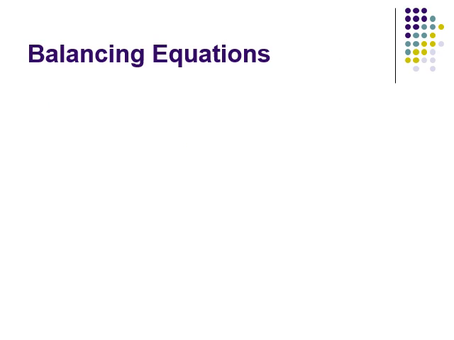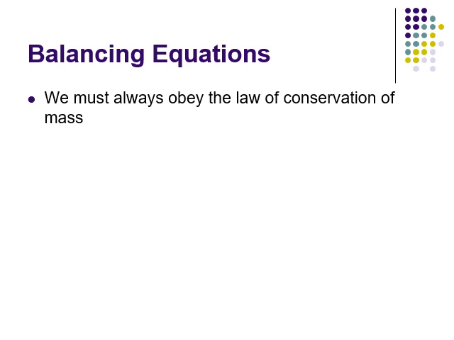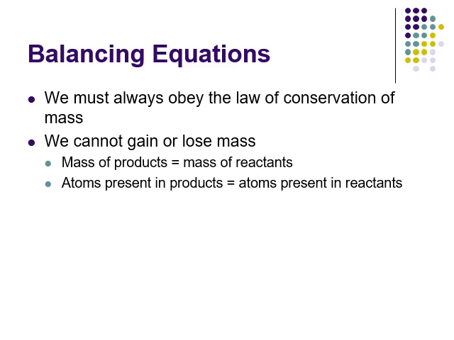Okay, we are now going to be transitioning from the skeleton equation to something that does care about the amount of matter that we have. And again, we have to obey the law of conservation of mass. This tells us that we cannot gain or lose mass. Previously, we've said that this means that the mass of products equals the mass of reactants. And that's a good starting way to look at this in chemistry.